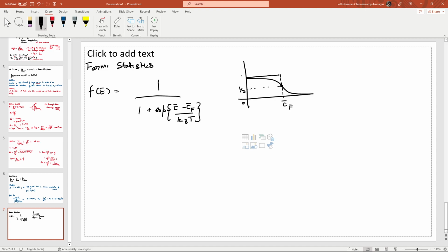So this is 0 and this is 1. F of E is on the y-axis and E is on the x-axis. And no matter how much we increase the temperature, even at higher temperatures, again, this will become like this.